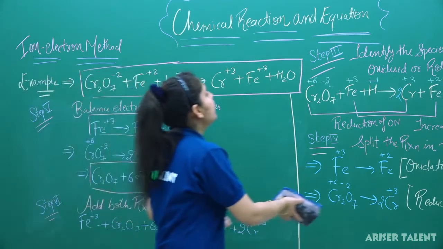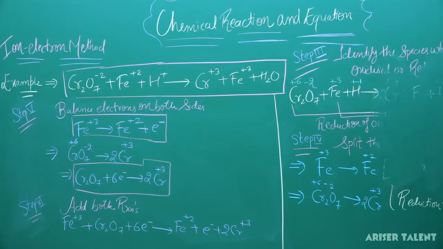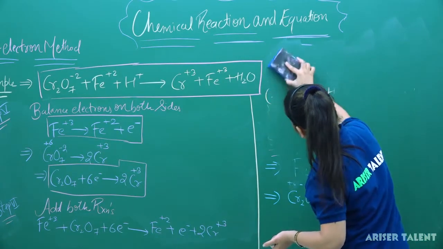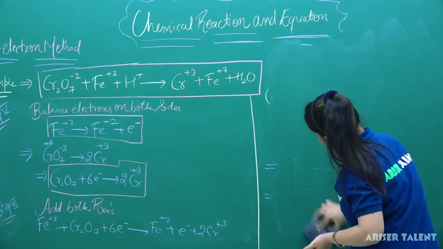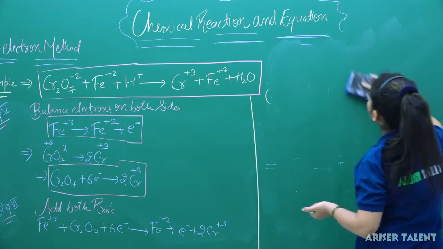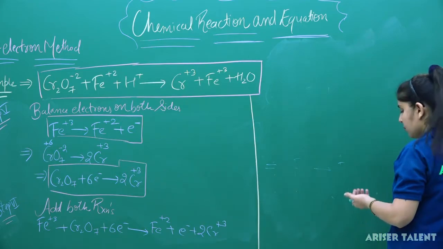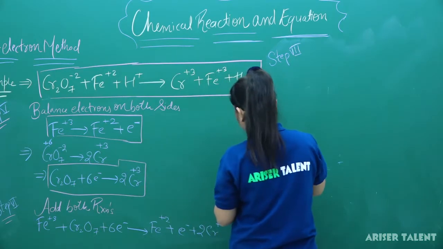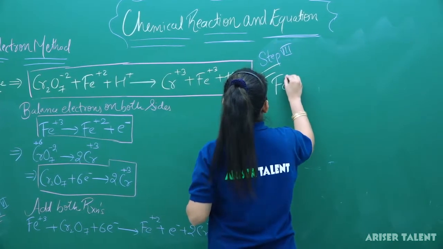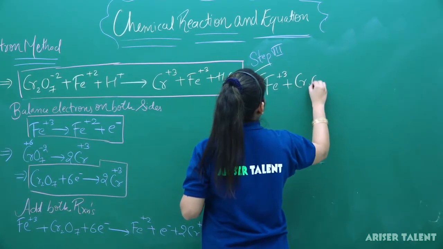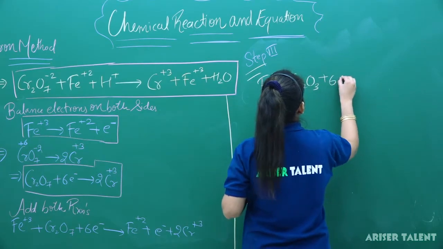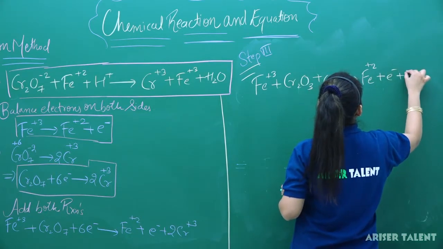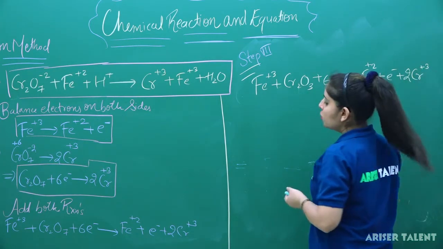Our step number 7 will be Fe+3 plus Cr2O7 plus 6 electrons gives Fe+2 plus electron plus 2 Cr+3.